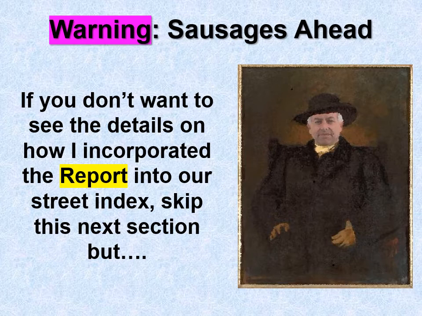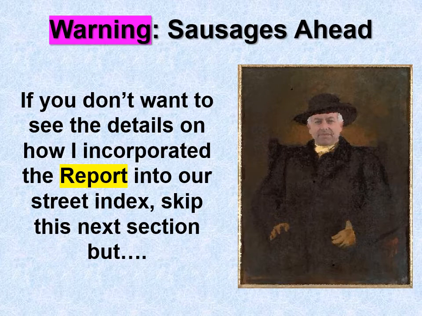So remember, I had that famous quote from Joel von Weintraub about sausages and databases, and I'm going to warn you that their sausages are ahead. If you don't want to see the details on how I incorporated the report into our street index, skip this next section.